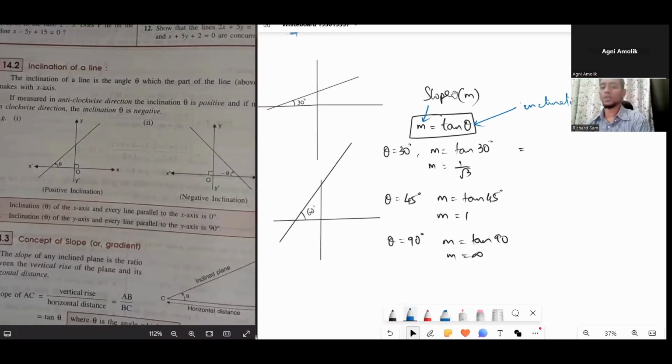Done? Okay, another word for slope is gradient. Slope or gradient. Inclination, I'll add another word, as angle.